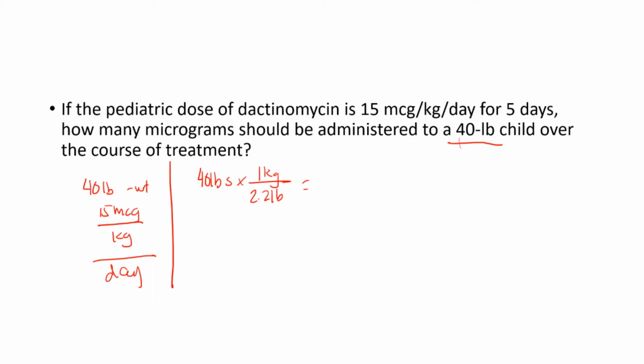Okay, 40 pounds divided by 2.2 pounds equals 18.18 kilograms. Now, multiply the weight, 18.18.